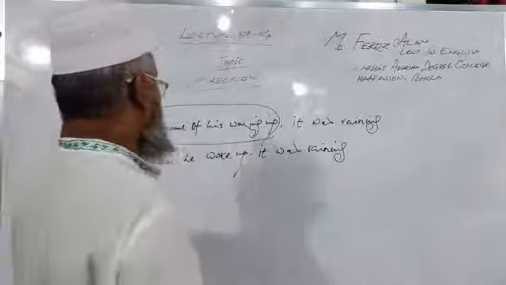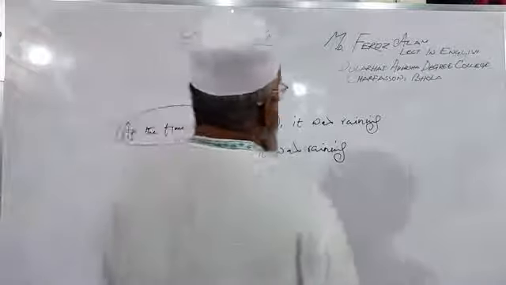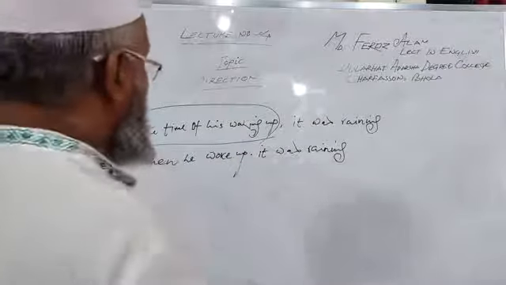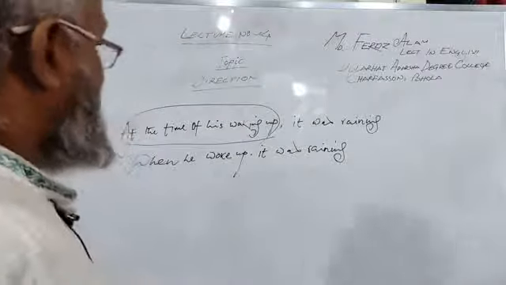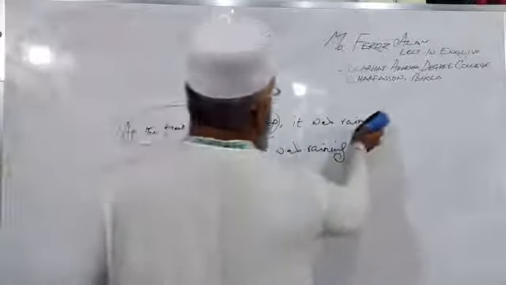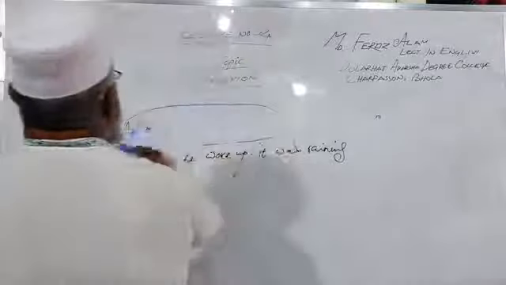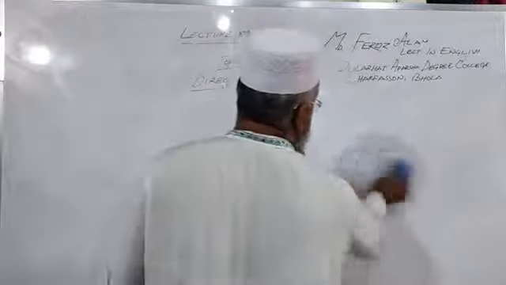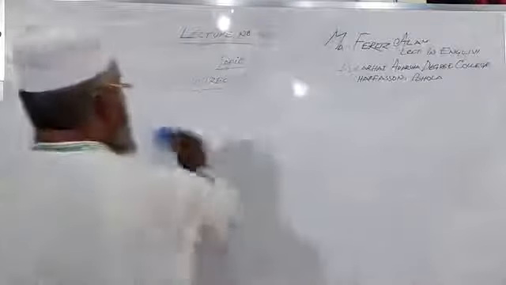In place of wake, we have to use the past form, because the principal clause is past tense, and that is why the subordinate clause must be past tense. In this way, we can make complex from the prepositional phrase. The phrases are very important for you.